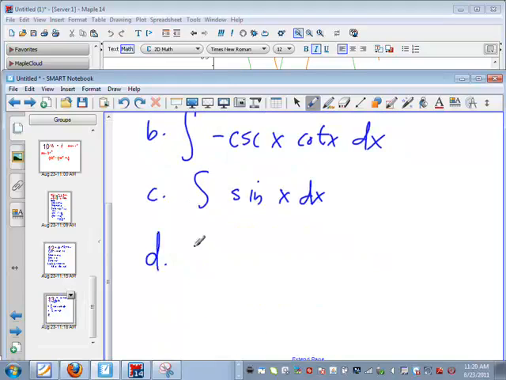Trust me, we'll get to the harder ones soon enough. The antiderivative of 1 over 1 plus x squared. That's what the question's going to look like. There might be a ton of these. Usually my questions only have 3 or 4 parts, but this might have 7 or 8 parts, only because this is just read off.